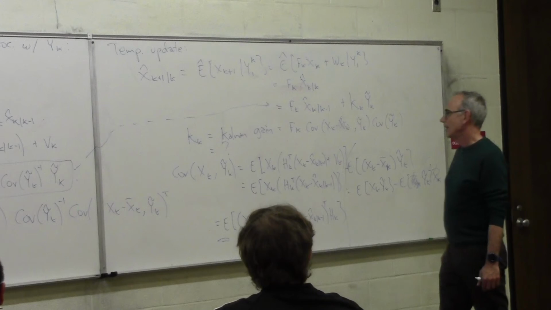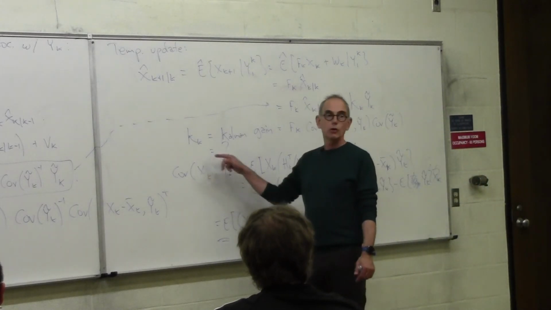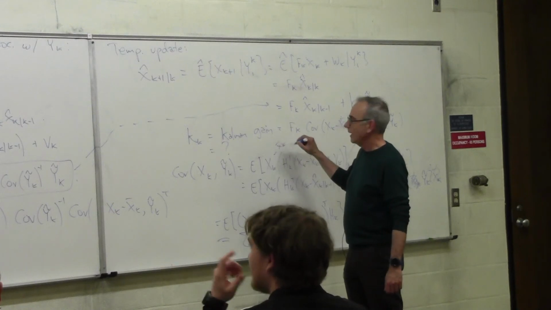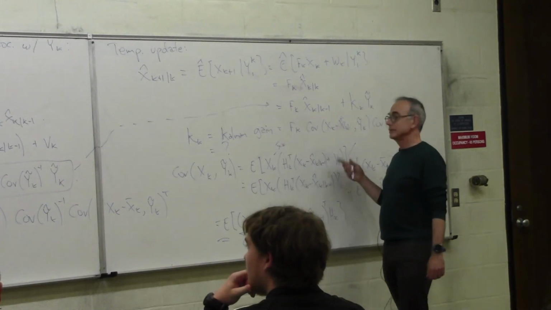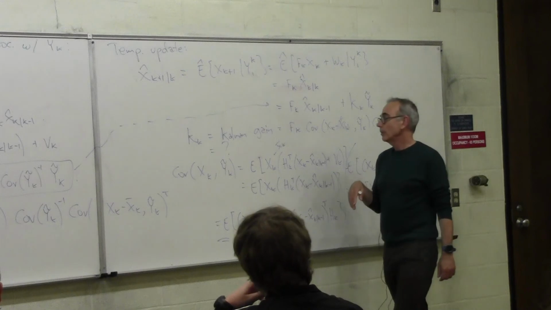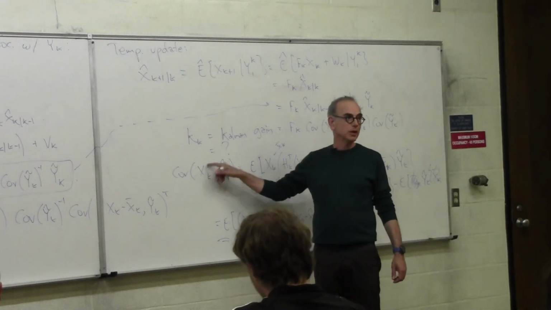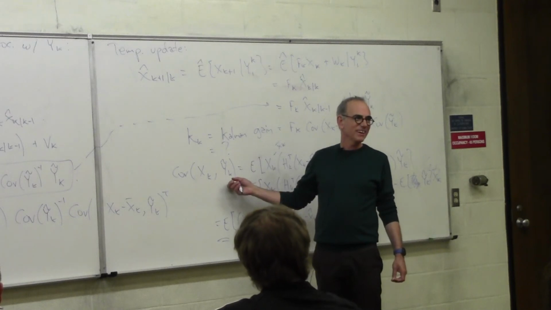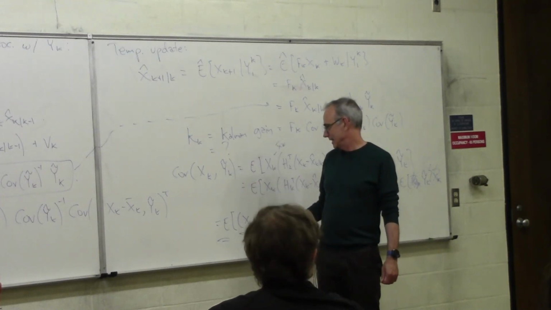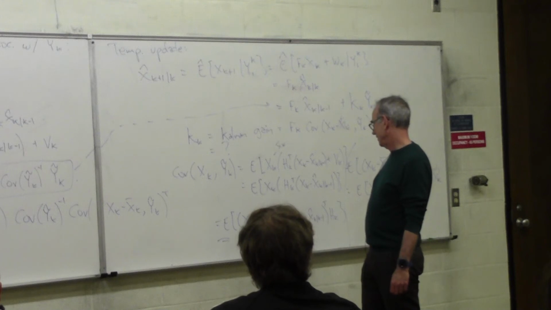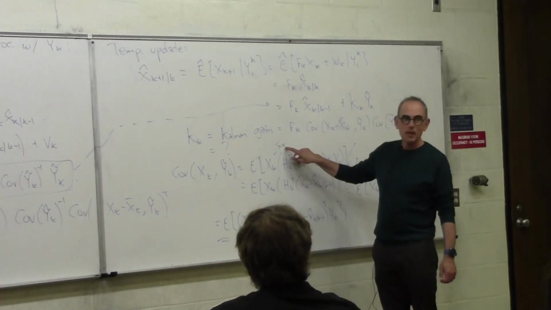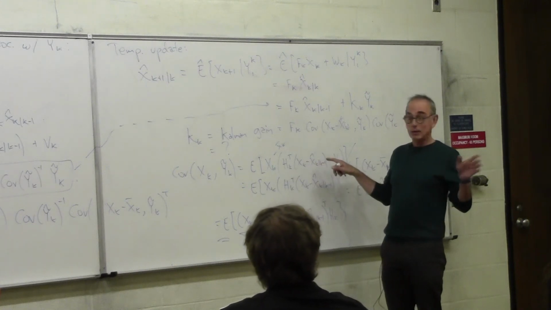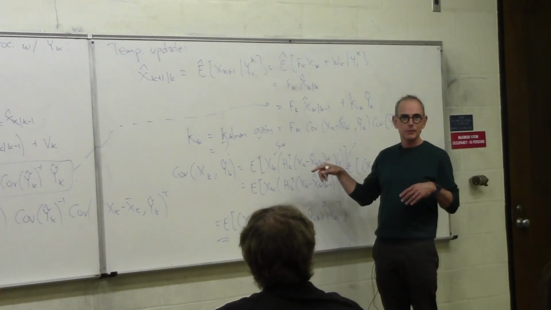No, the definition of the covariance is that I should normalize. If you're worried about my normalization, I could put that in, but this is zero mean, so it doesn't matter. The definition of covariance is I take this, subtract off its mean, take this and subtract off its mean, but its mean is 0. The only confusion is because of the third step, you've written xk minus xk. Well, what I left out was the x bar k, which I'm justified in doing because this is zero mean, it doesn't matter, okay?